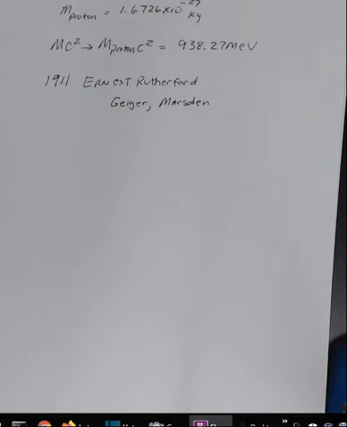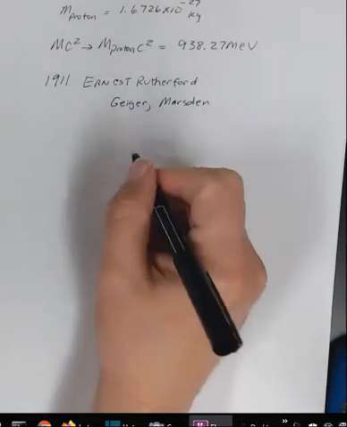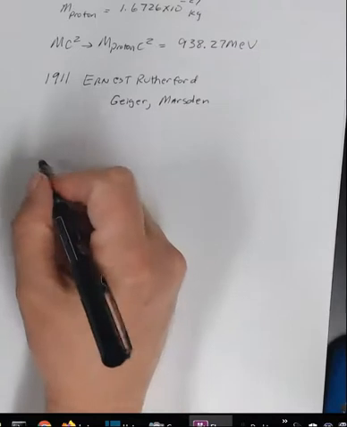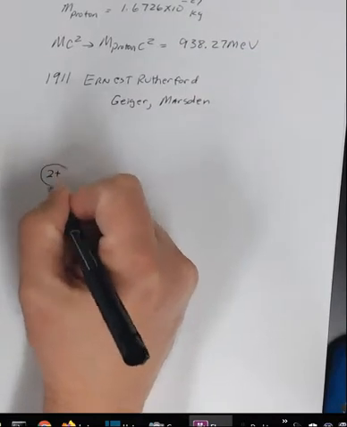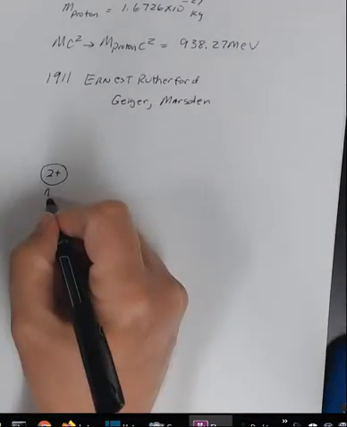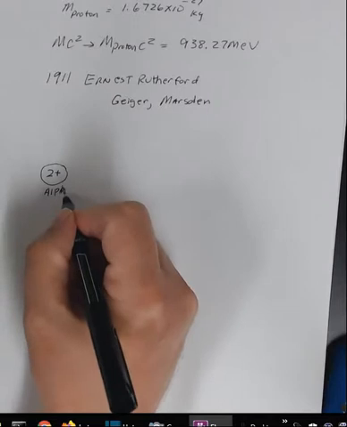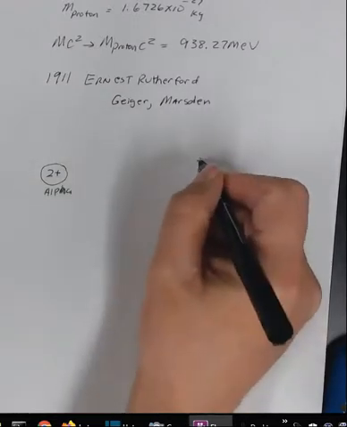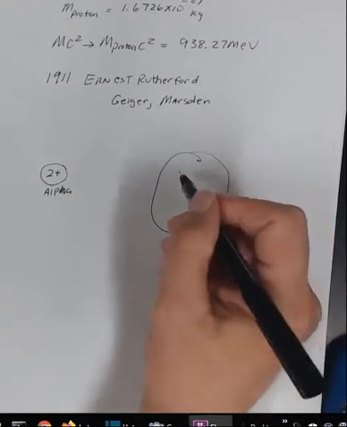Now, Rutherford had his hand in the beginnings of radioactivity, and he was shooting alpha particles that came from, I think, radon, at nuclei. So he had a scattering experiment, with the 2+ charge of the alpha particle and a big nucleus it was scattering off of.